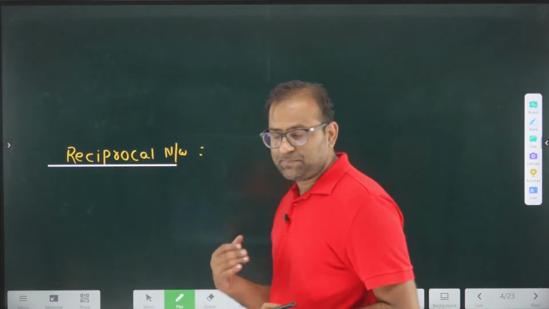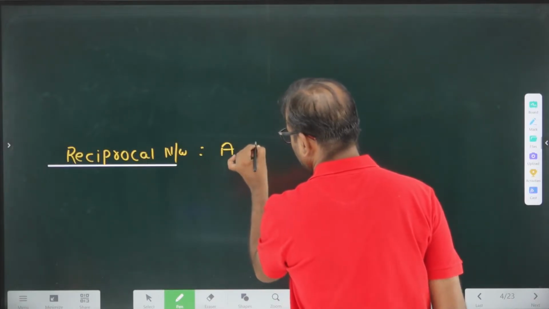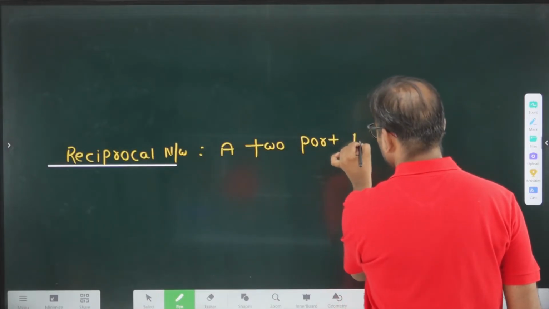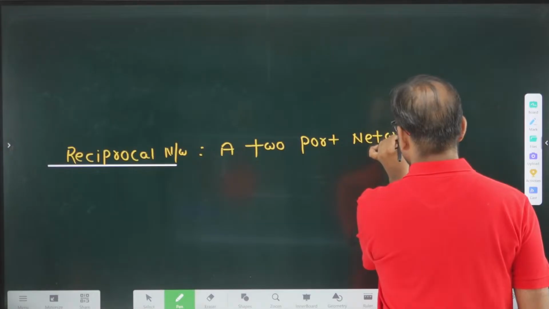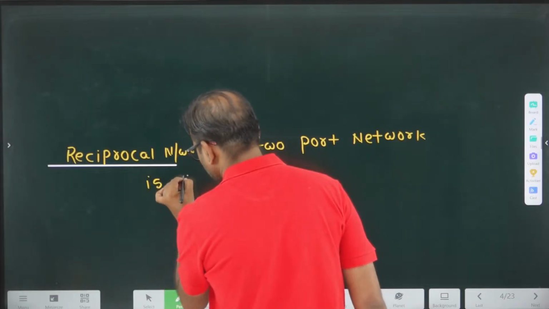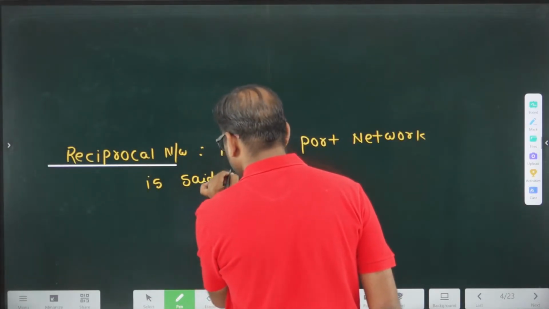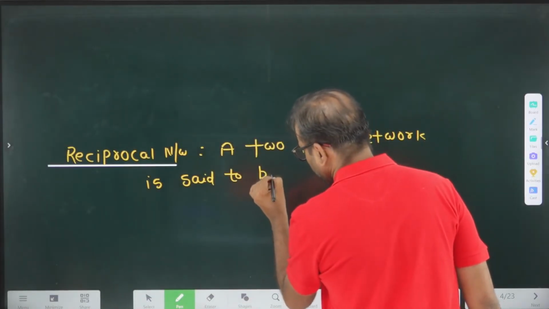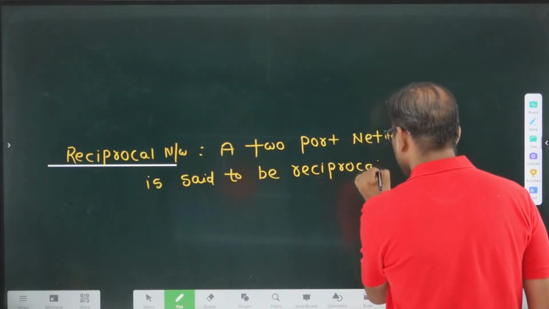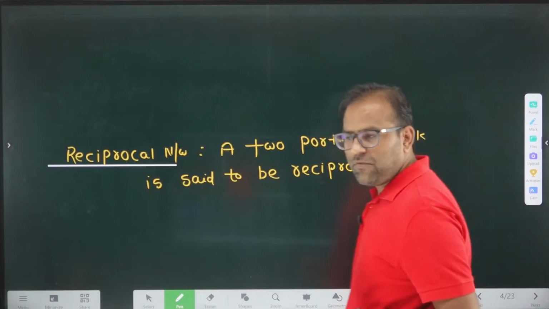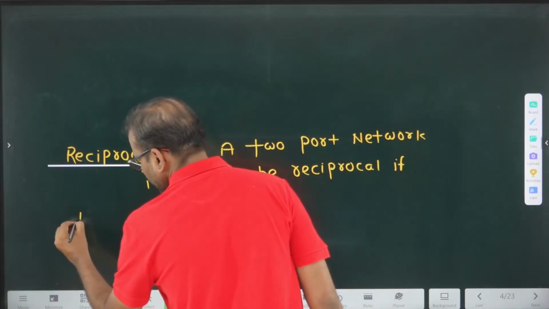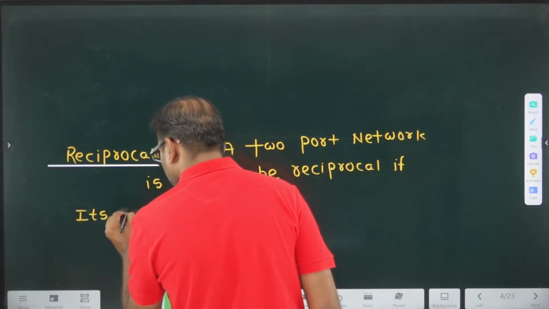A two-port network is said to be reciprocal if its transfer characteristics is independent to the port.